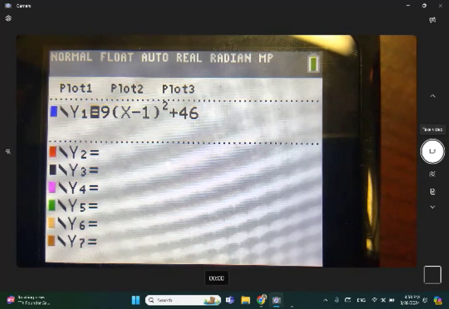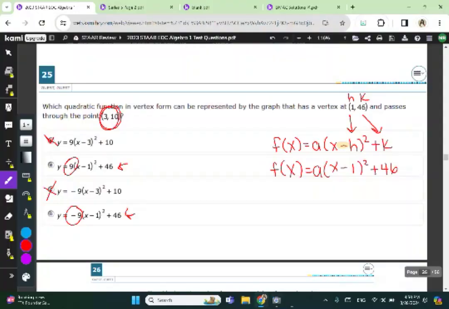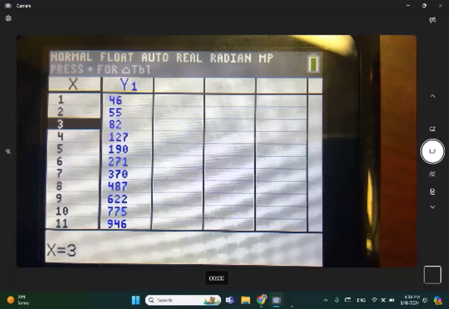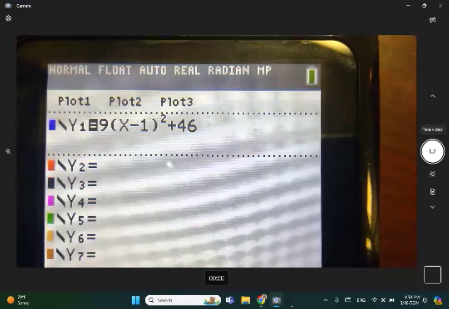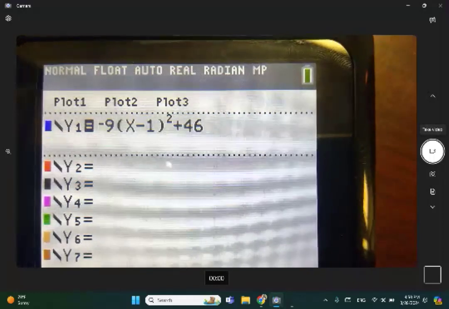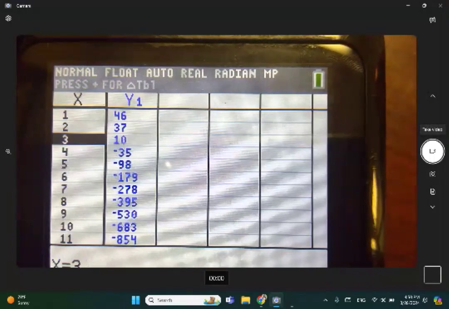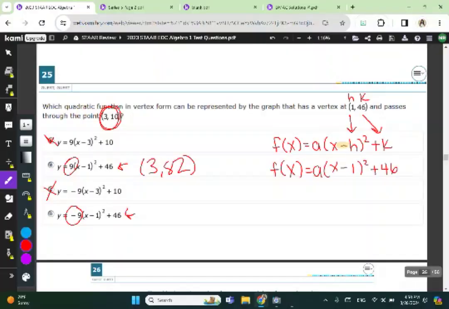And if I go to the table, notice that one gives us 382. It does not give us 310. Okay, so now I'm going to go back and type in -9. And this one does contain the point 3, 310. So D would be your answer.